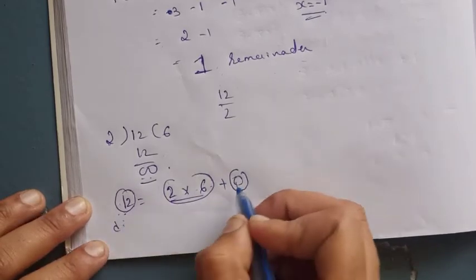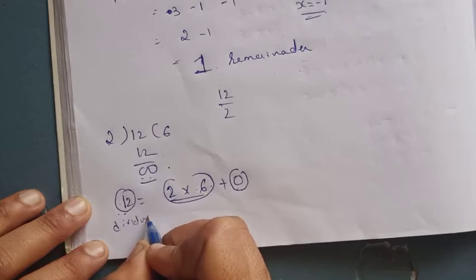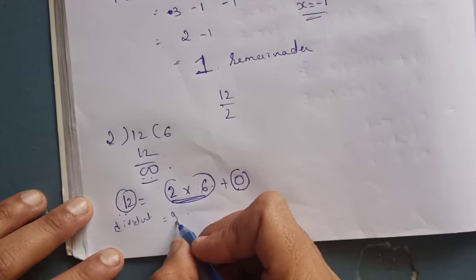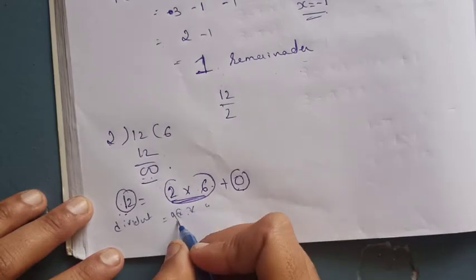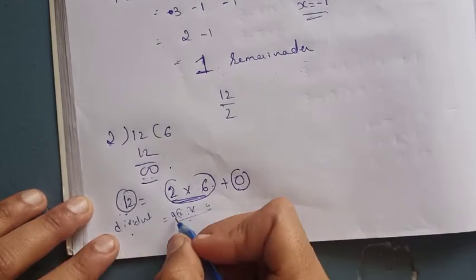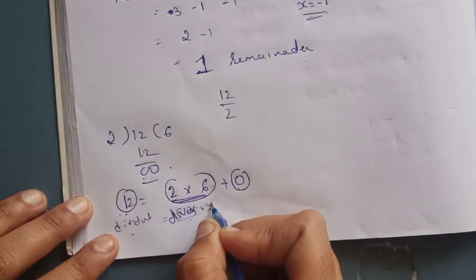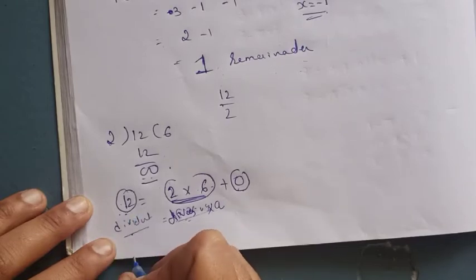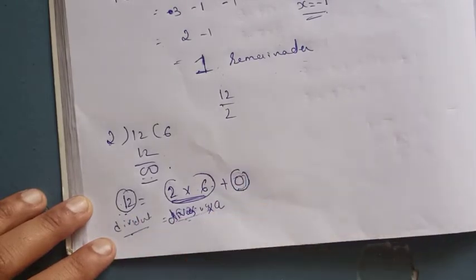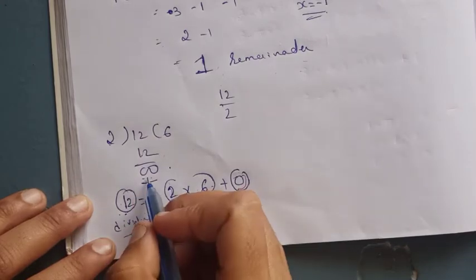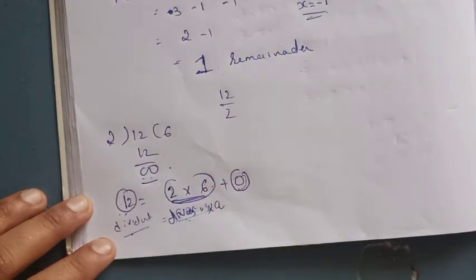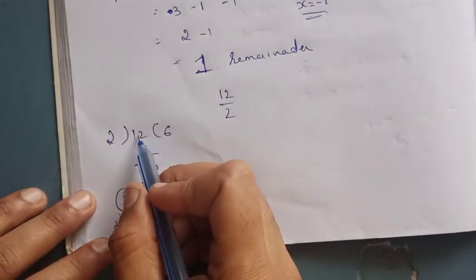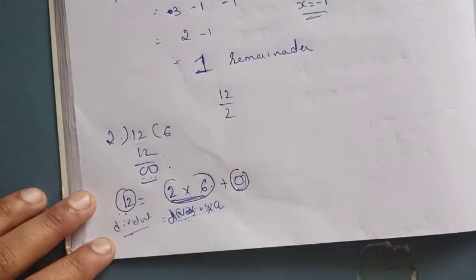So when we get a remainder of 0, the factors of the dividend are nothing but g of x and the quotient. The divisor and quotient become factors of the dividend when the remainder is 0.